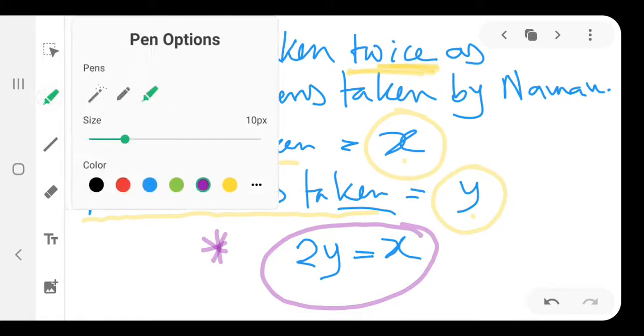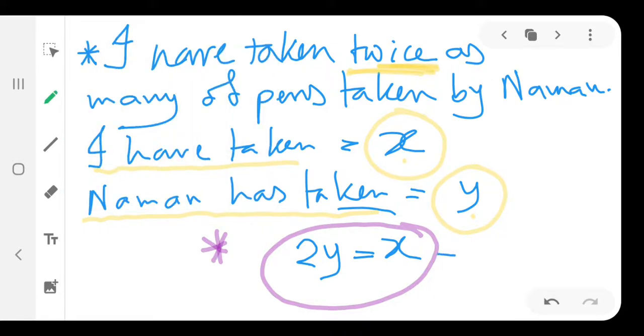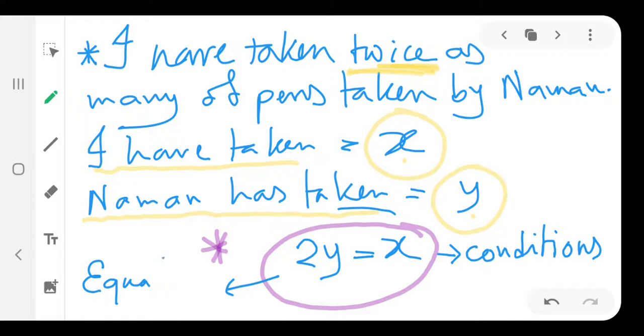The condition is that whatever Naman has taken, I have taken twice of it. And these things like 2y equal to x, this type of expression, are called equations. So this is one equation.